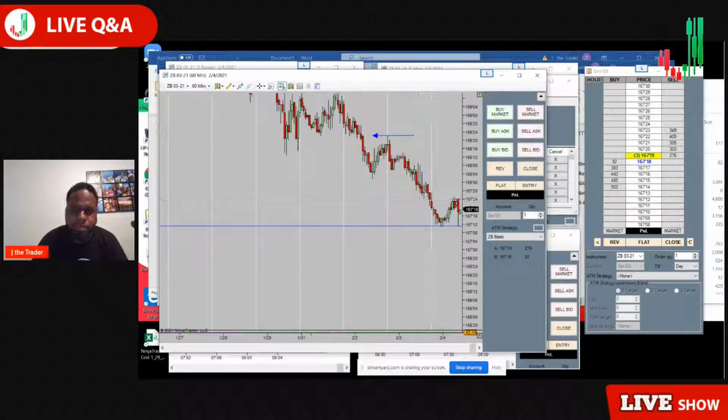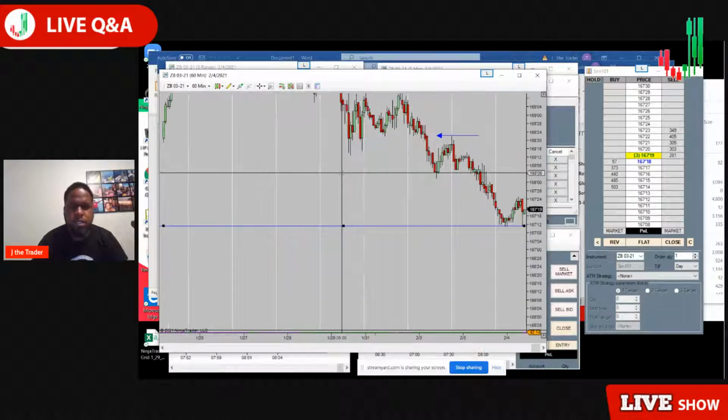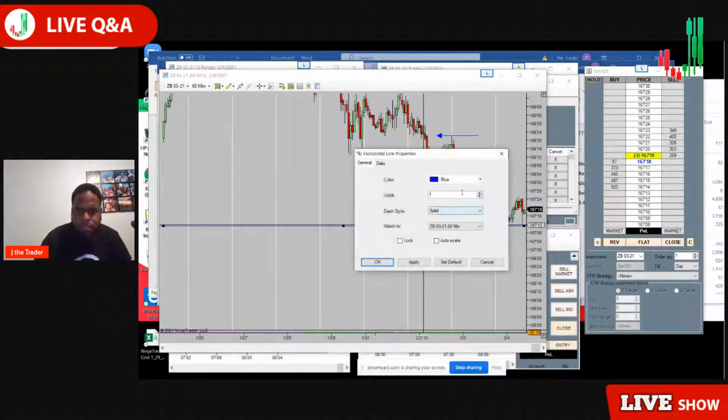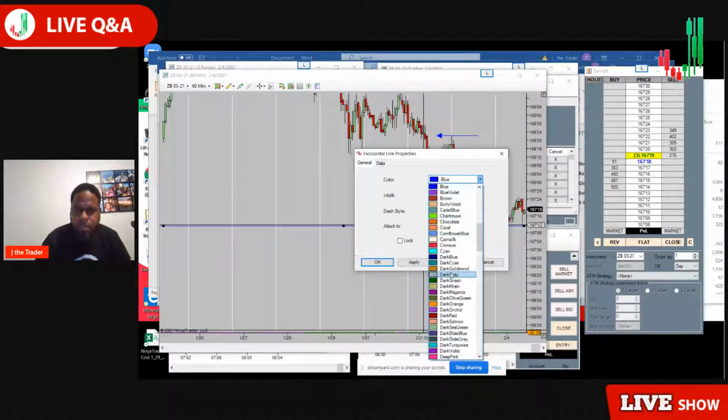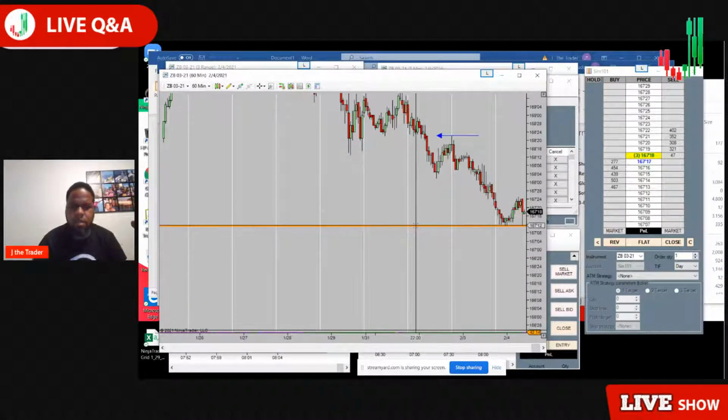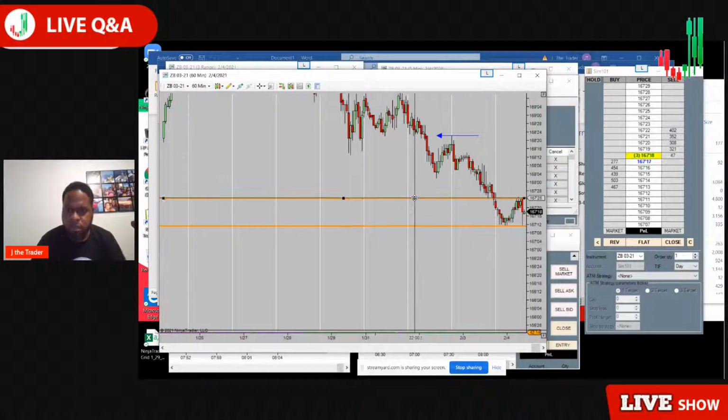So there we go. Let's make some levels so at least we know what we're doing for the day. Properties. Overnight low, as I just mentioned, will be 167.11. And then the overnight high will be 167.25.